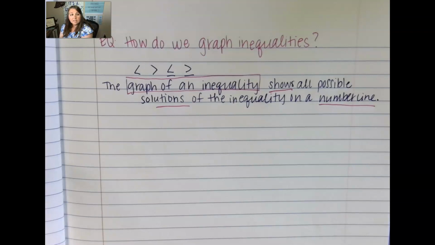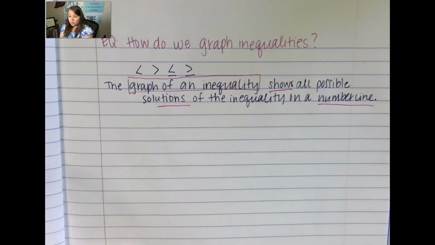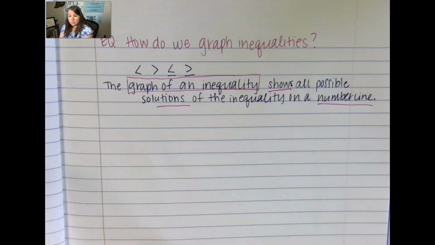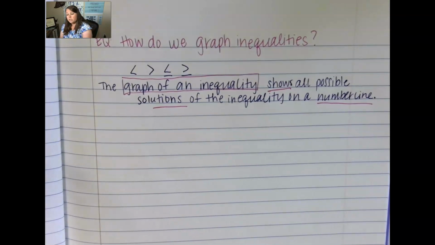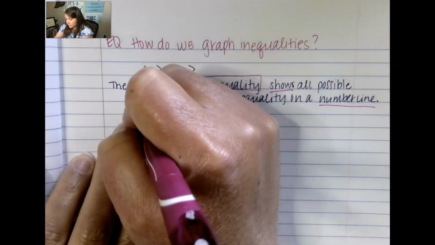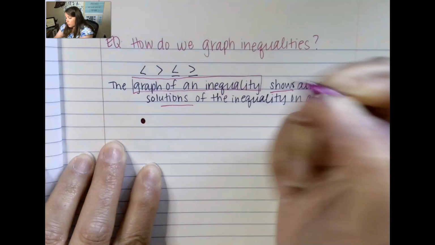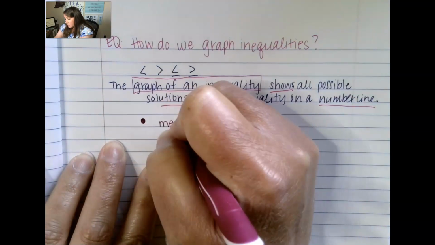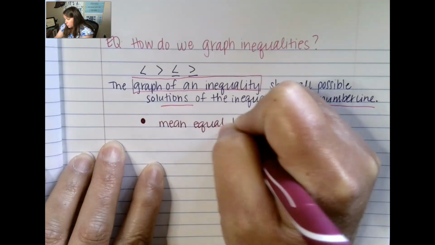How in the world is it going to do that? Well, we're going to use dots that are different, so to speak. So we're going to use different types of dots. So first and foremost, if we are using a closed dot, it means equal to.